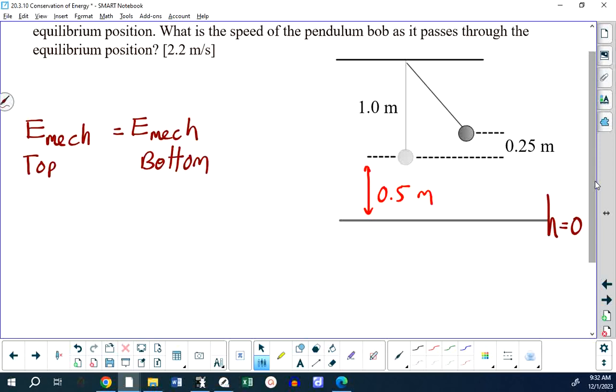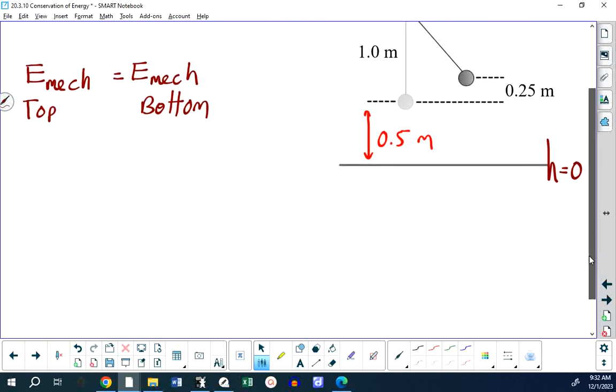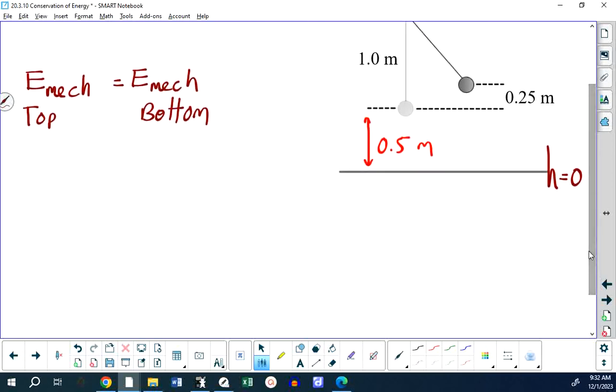And that's true. It's true no matter where they think gravitational potential energy is measured from. But let's look at this student who wants to measure things relative to the floor. Relative to the floor, at the top of the swing, the pendulum has mechanical energy that's in the form of potential, but because it's released from that point, or because it's the highest point, it has no kinetic energy. It's not moving at that instant.